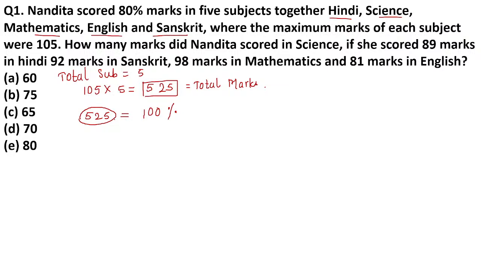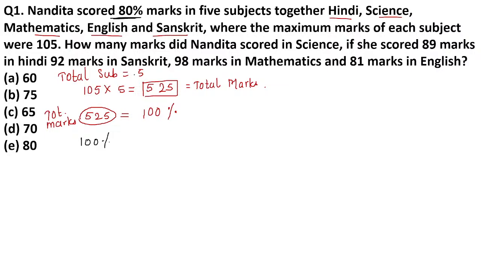Look here, total marks are 525. So can I write these total marks 525 is equal to 100%? Is everyone able to understand this? Out of this 100%, how much did Nandita score?